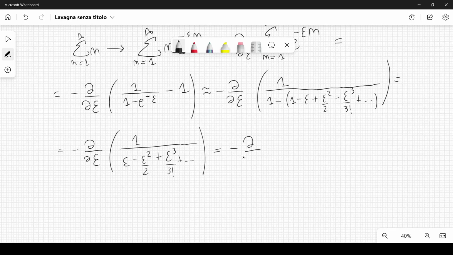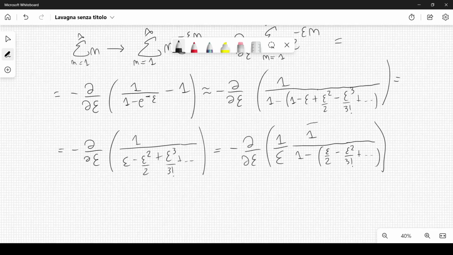Let's rewrite it as minus d over d epsilon. Then I can factor out 1 over epsilon, and I get 1 over 1 minus, and here I get epsilon over 2 minus epsilon squared over 3 factorial plus dot dot dot.